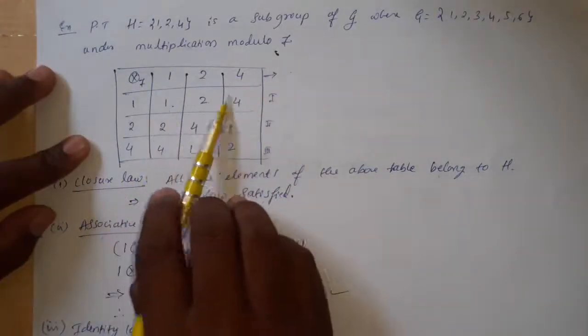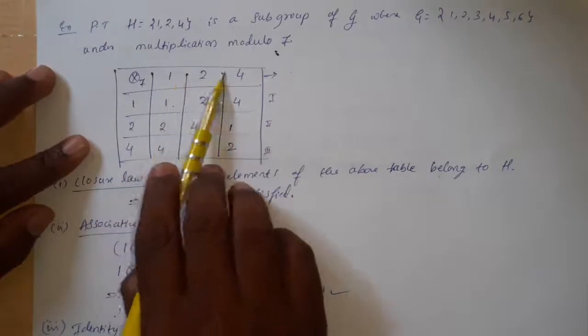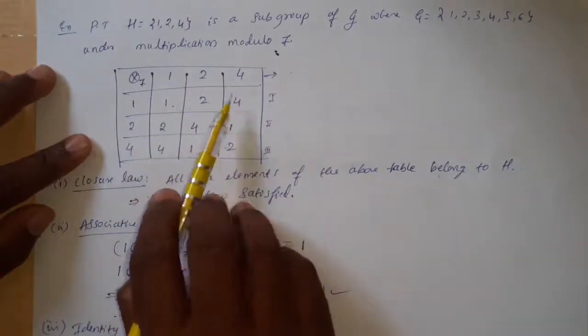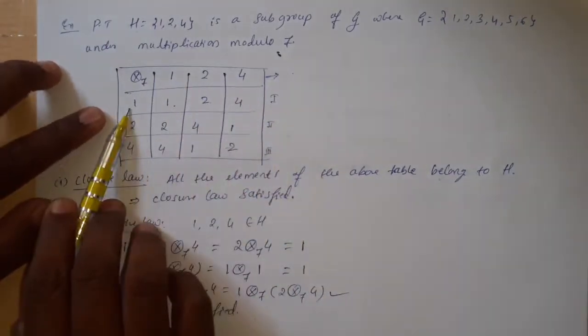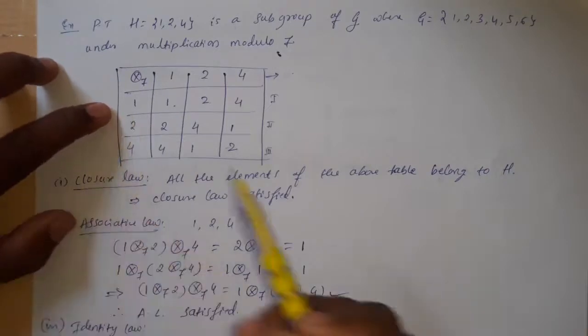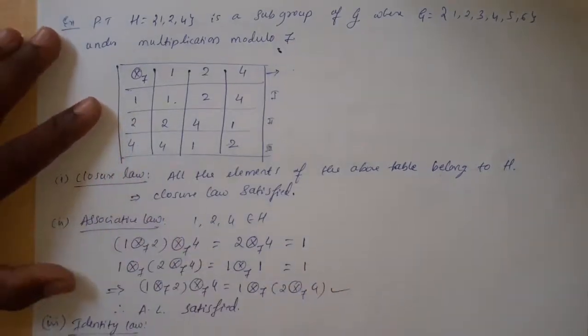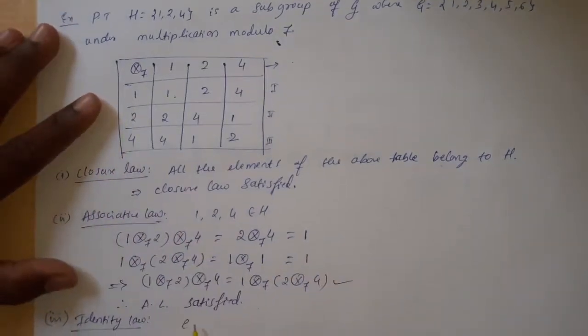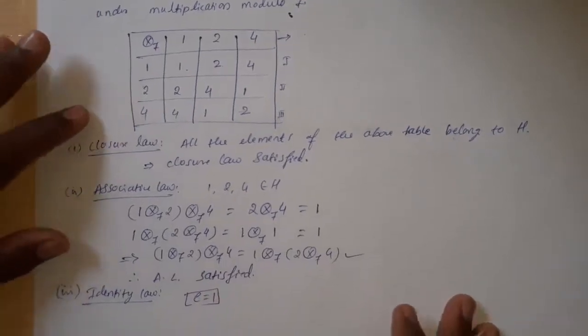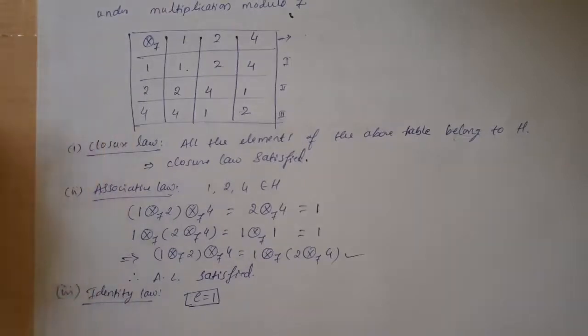The first row is same as the given row, that 1 to 4, here also 1 to 4, then the corresponding element to the first row is 1. So therefore 1 will be the identity element. So here we can write that the identity element is equal to 1, right. If identity element exists, then we can say that identity law is satisfied.